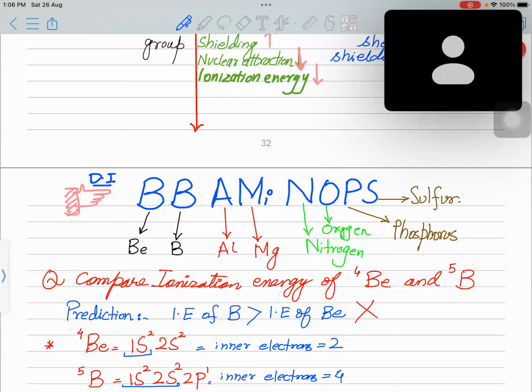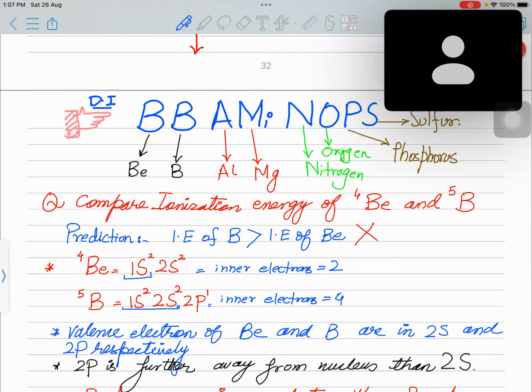Wait, sorry. Beryllium has more ionization energy than boron. Exactly, your answer is correct. But why? A second, sir. Let me look at the periodic table. Beryllium and boron. Less inner electrons, maybe.